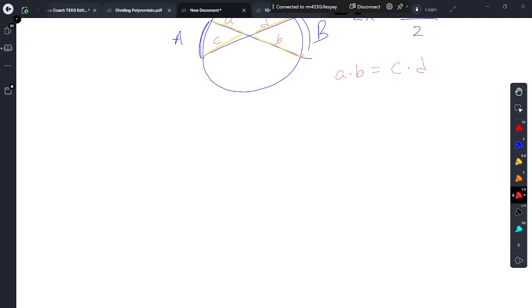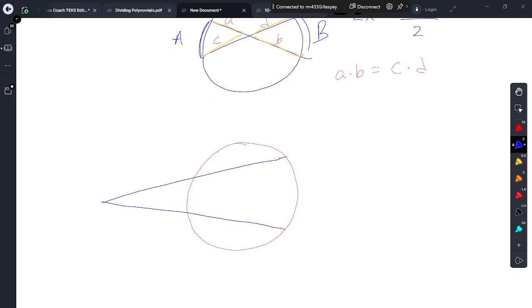You might also have one like this, where you have two secants. So you have part A, B, C, and D. Let's get this out of the way really quick. It is not A times B equals C times D. I'm going to teach you how to memorize this. That is not true.